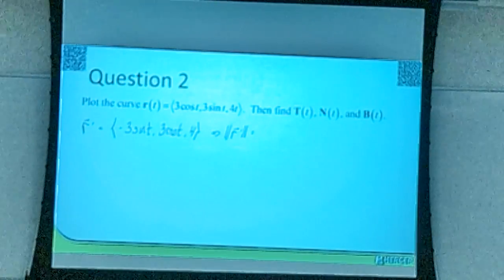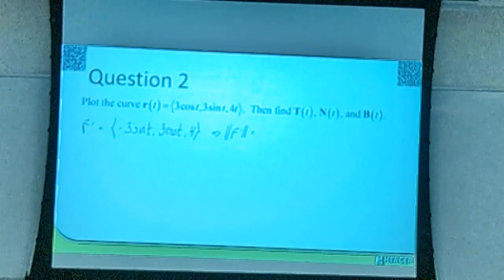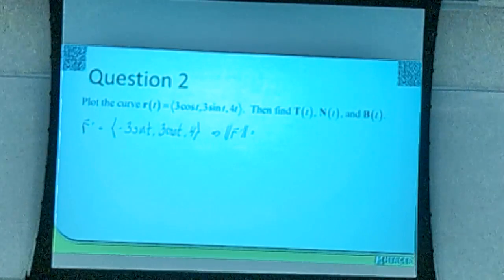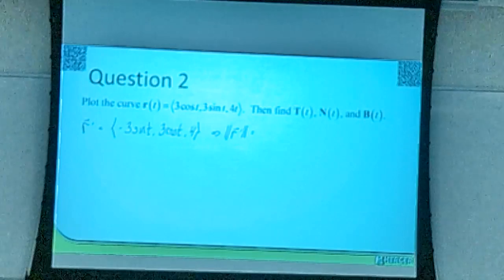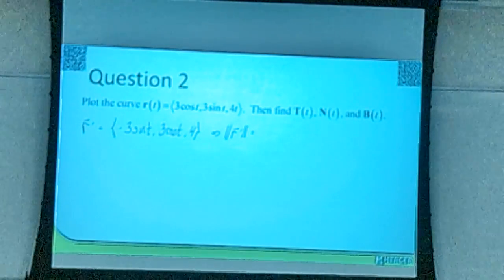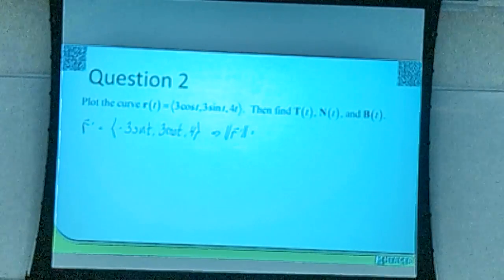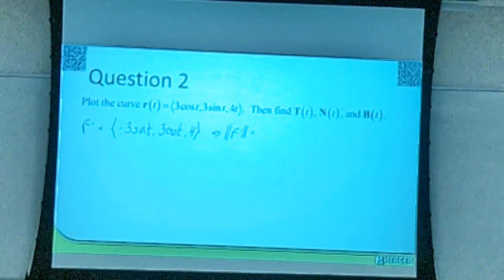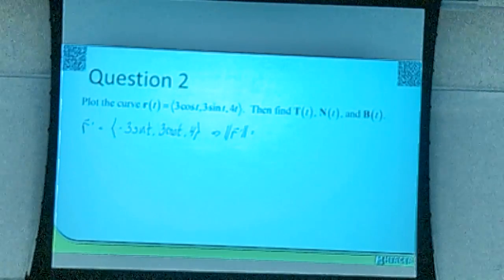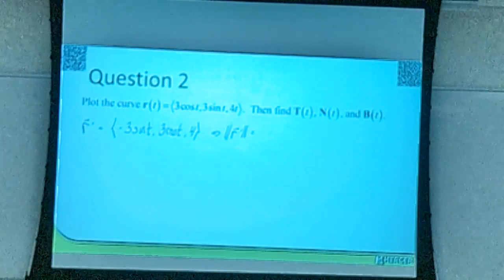What is its magnitude? 9 sine squared t plus 9 cosine squared t plus 16, fully simplified. 5. It's 5.